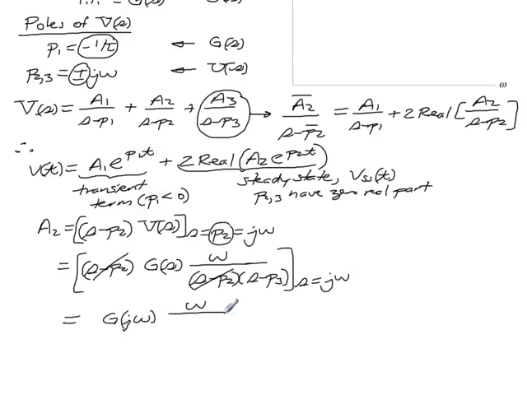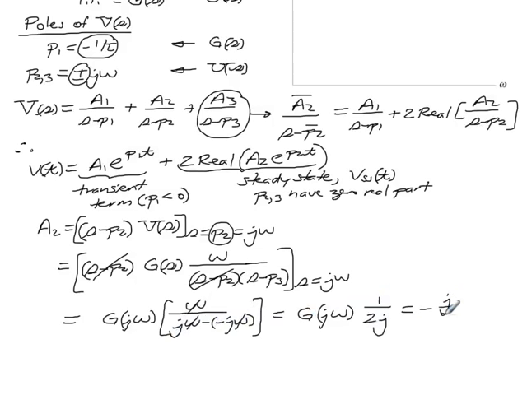We have an omega divided by S, which is j omega, minus a minus j omega, because that's P3. So that ends up being G of j omega, and the omegas will cancel out here, so we get 1 over 2j. And if I convert that to its real and imaginary parts, I get minus j over 2 G(j omega).